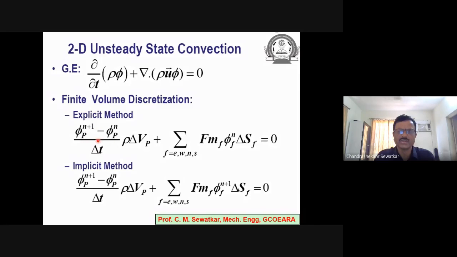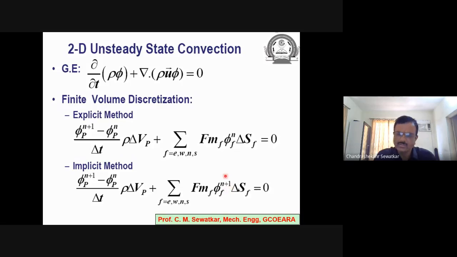Delta t, of course, has a limitation if I am using an explicit method. I will talk about that in the next slide. But if I write down this phi f, it is of course required to be determined using a convection scheme. If I write down this phi f using next level values, then this phi f cannot be determined directly.